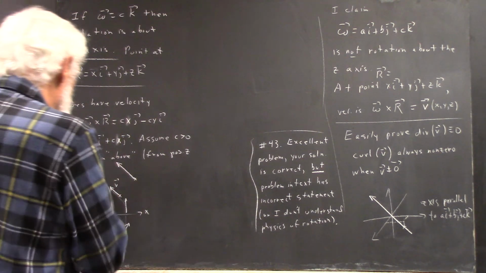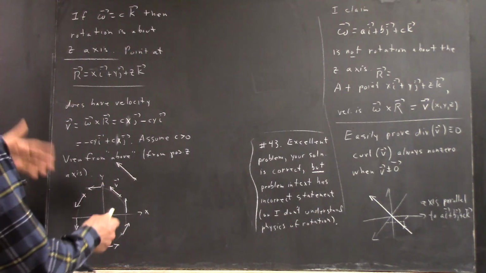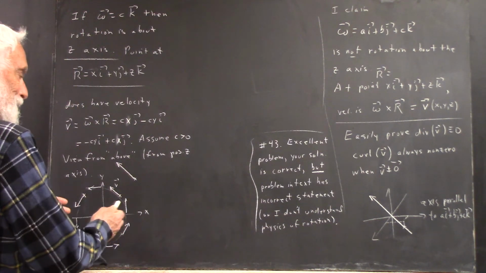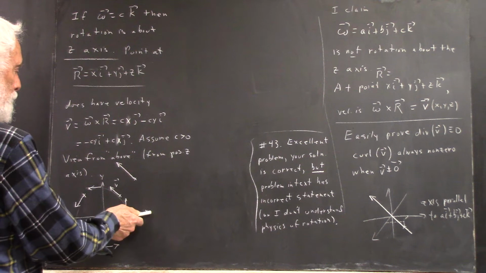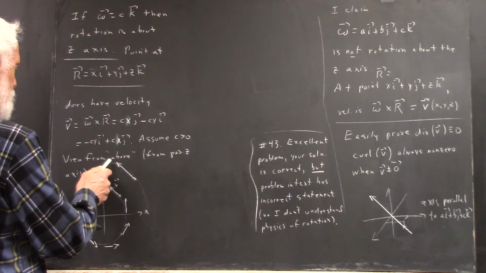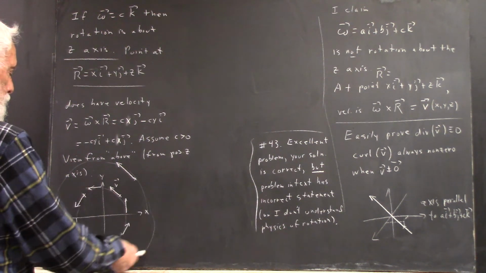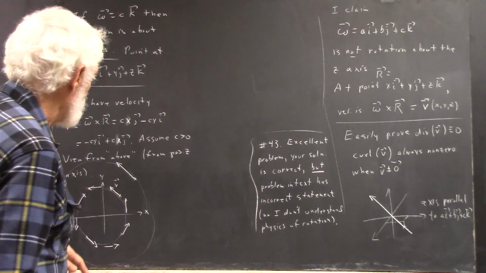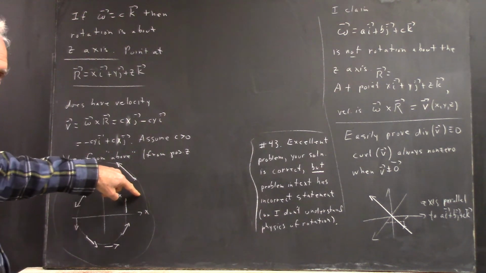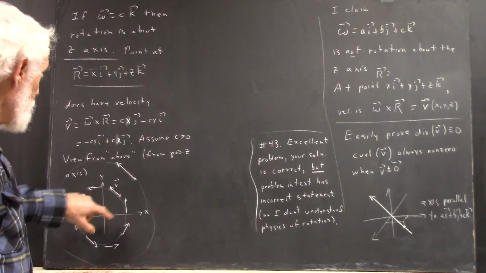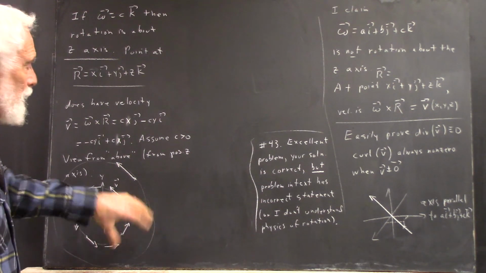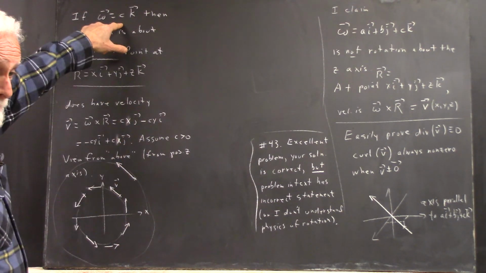So if this is an object, let's say this is just a system of two hoops. Okay, you got a hoop here and a hoop here. Obviously, this part of the hoop is moving faster than this part of the hoop, but it has the same angular velocity.